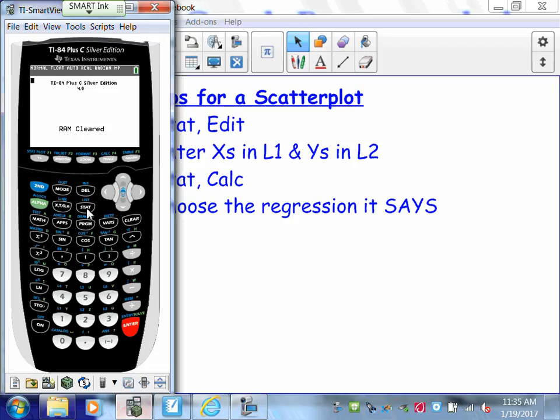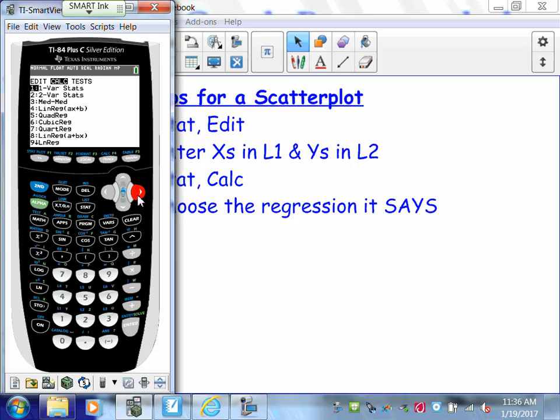You hit stat. Then the first thing is edit, and you put your stuff in either list 1 or list 2. If you only have 1 list, put it in list 1. If you have 2 lists, put it in both lists. That's it. Hit stat again. The next major button is calc.